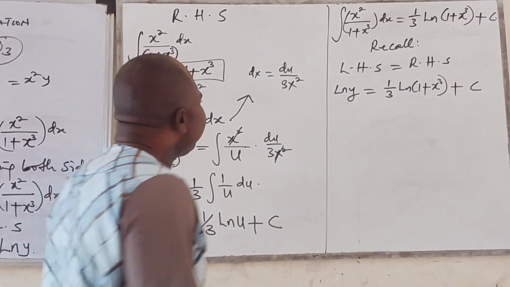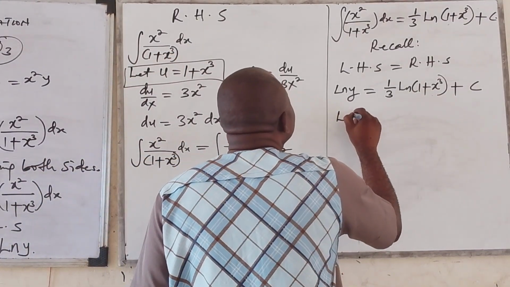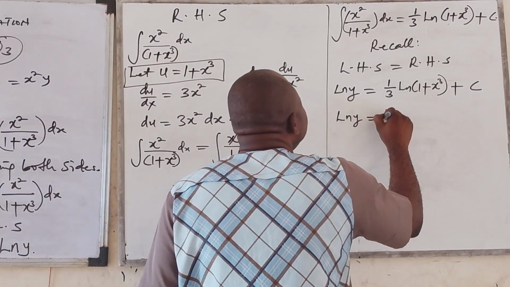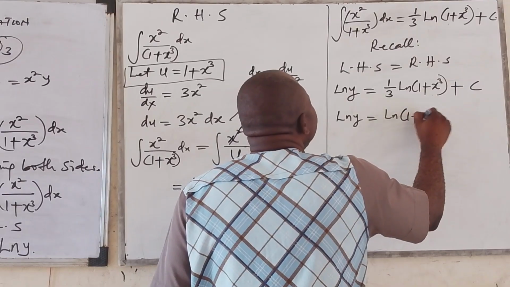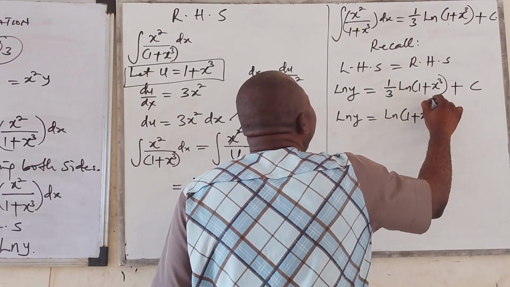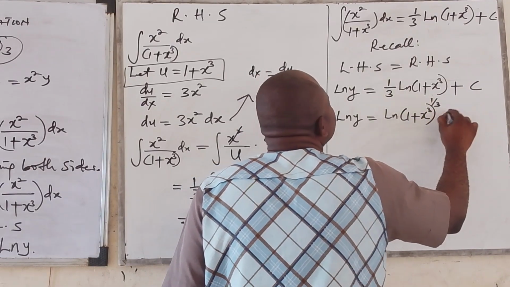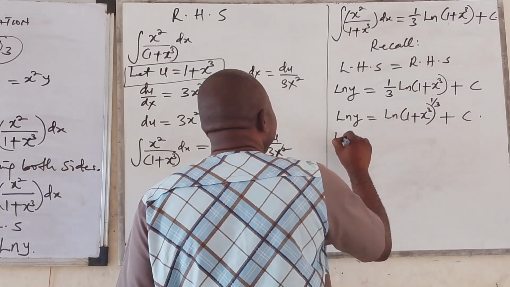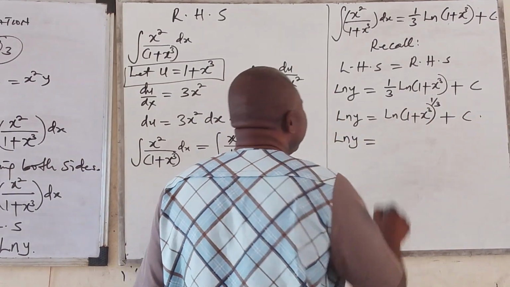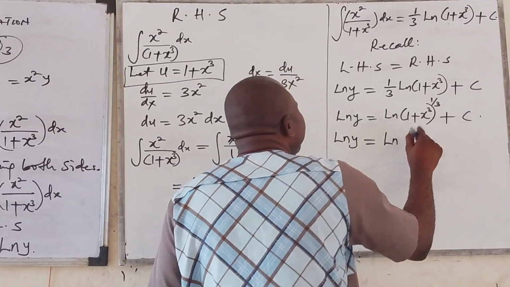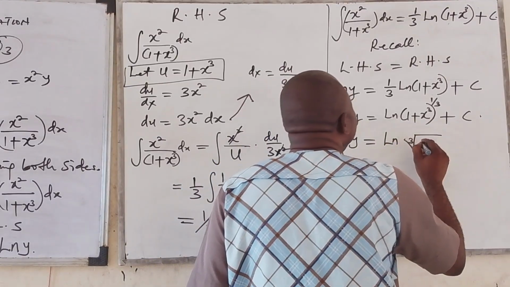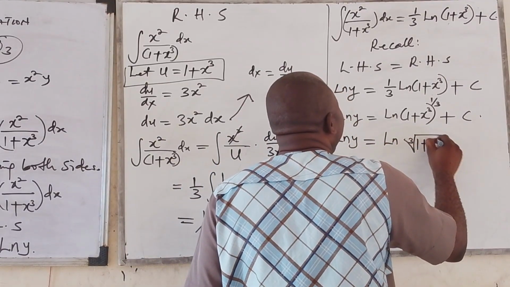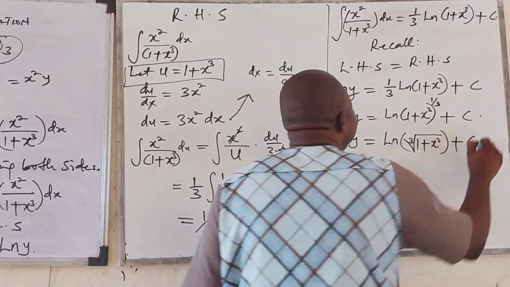This is the same as saying ln y is equal to ln of (1 plus x raised to the power of 3) all raised to the power of 1 over 3, plus c. And this is the same as saying ln y is equal to ln of the cube root of (1 plus x raised to the power of 3), plus c.